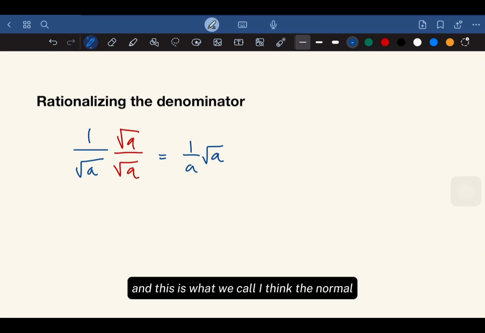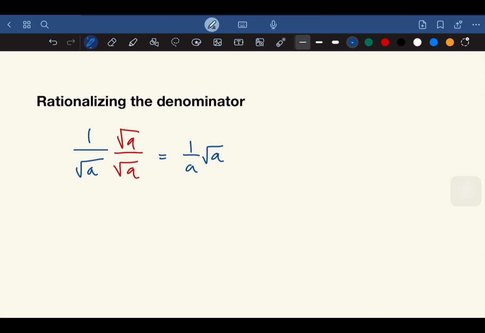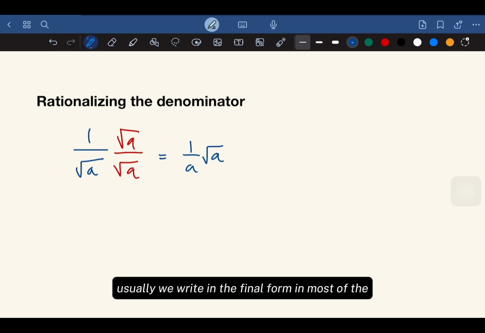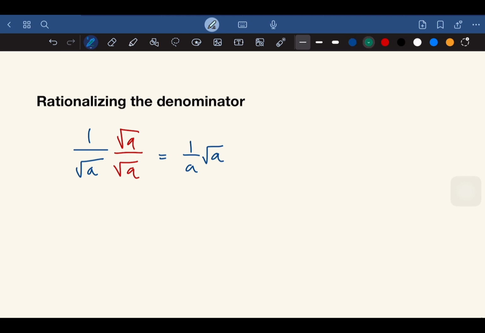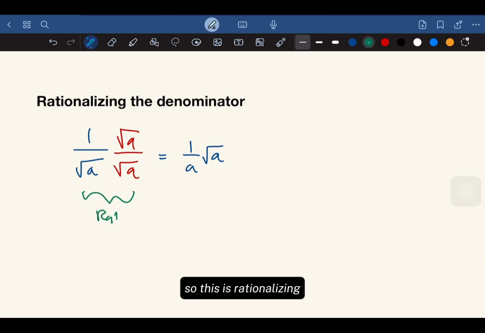And this is what we call the normal form. Usually we write the final form in most of the fundamental sciences in this form. And this process is called rationalizing.